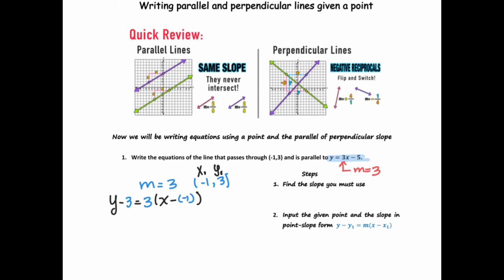So my equation is going to be y minus 3 equals 3, parentheses. And here we have a negative and a negative. That will turn into a positive 1. So this is my equation: y minus 3 equals 3(x plus 1). This line will be parallel to this line, but it will also touch the point (-1, 3).